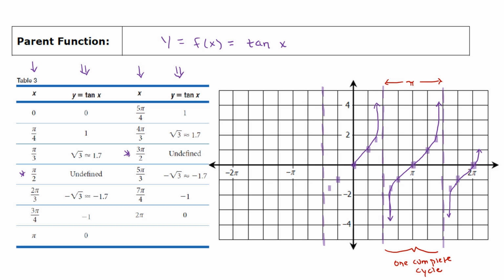All right, and then we start up again here at positive 1.7, then positive 1, 0, negative 1, and then negative 1.7, and then we have an asymptote.